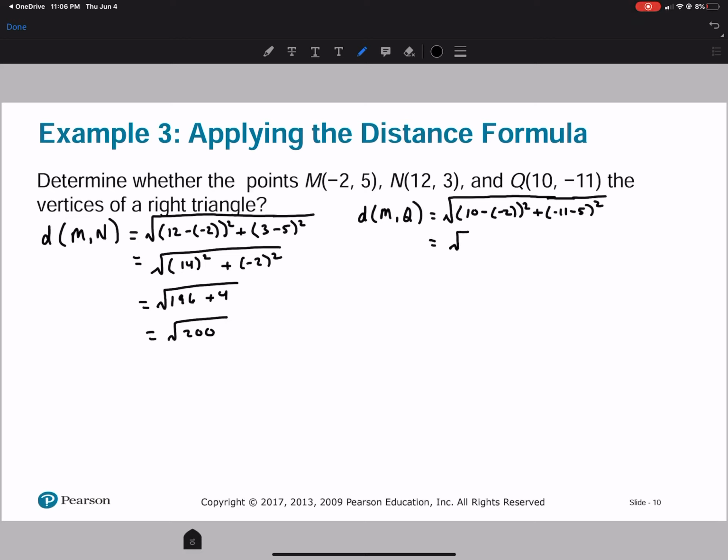Then this will be equal to 12 squared, which is 144, plus negative 16 squared, which gives us 256. Then we got the square root of 400, and we know the square root of 400 is 20.